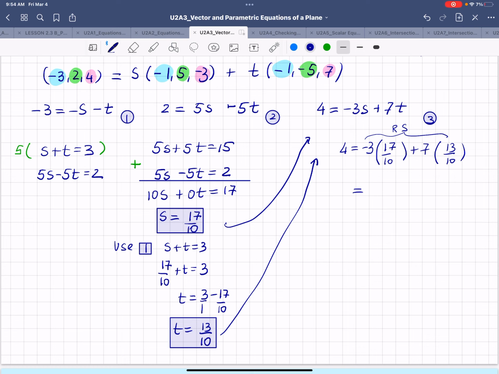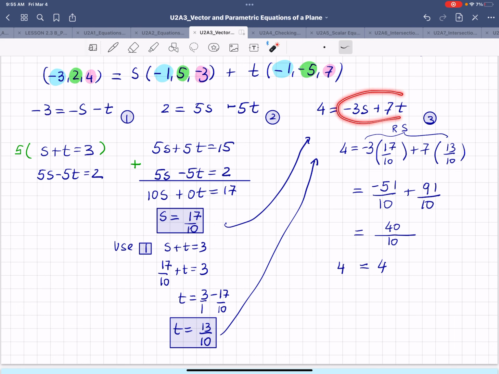So that would be equal to negative 3 times 17, which is negative 51 over 10, plus 7 times 13, that would be 91 over 10. That would equal negative 51 plus 91 over 10, or 40 over 10, which is 4. So it seems that these two values for S and T respectively would satisfy the third equation.